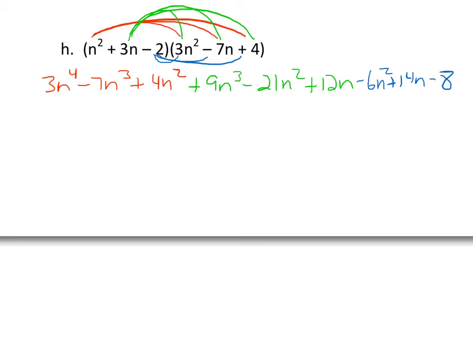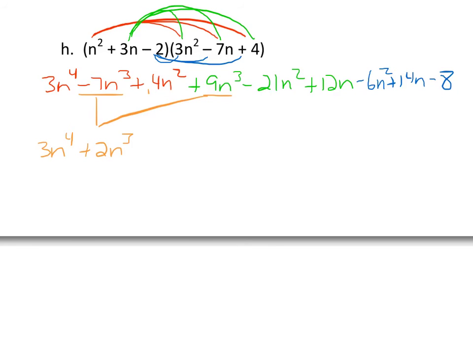Now let's look at any like terms. We have a power of 4, which looks like the highest one, highest degree, so we write that one first, 3n to the fourth. We have a degree 3 right here, a degree 3 right here, and that's it. So together they give us a positive 2n cubed.